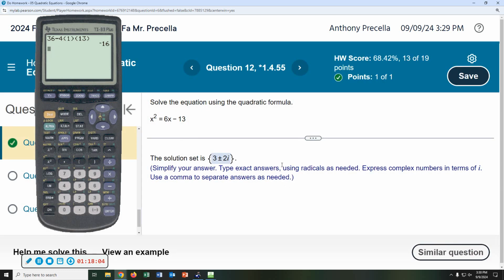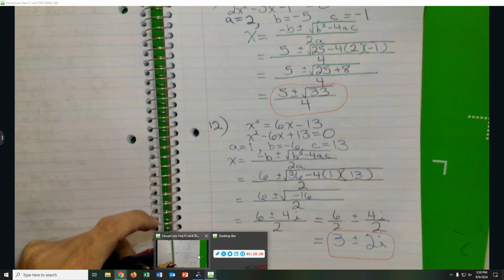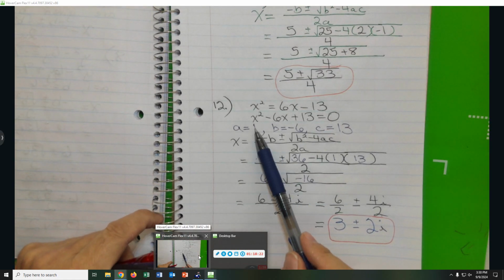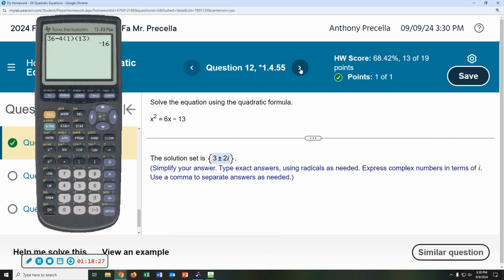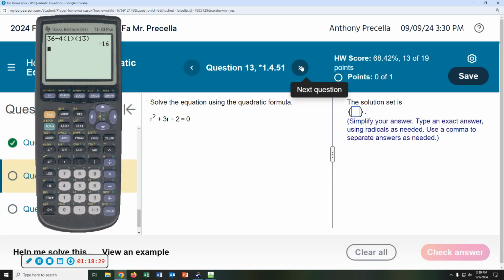The equation's not in standard form to begin with, so I'm going to move the terms around however I have to so that I have a positive A value and 0 on the other side.